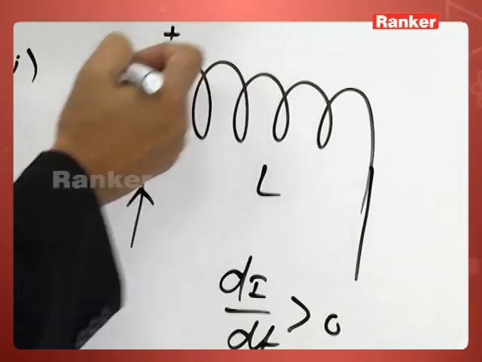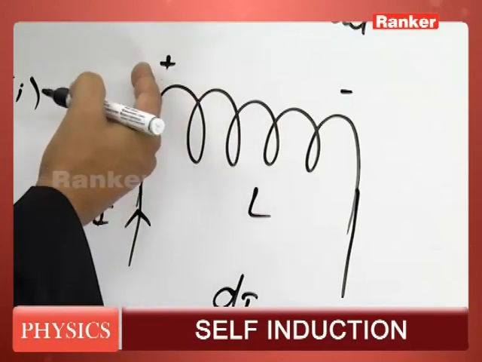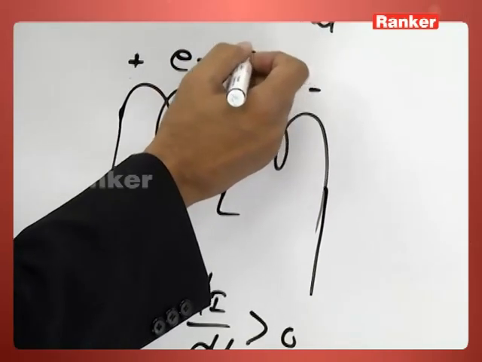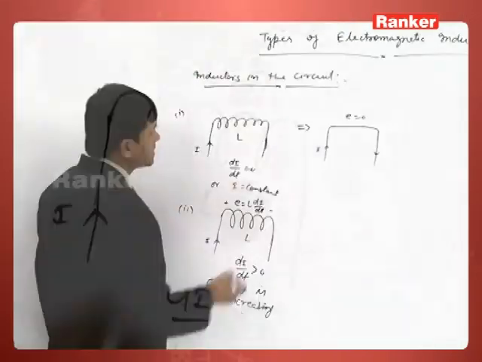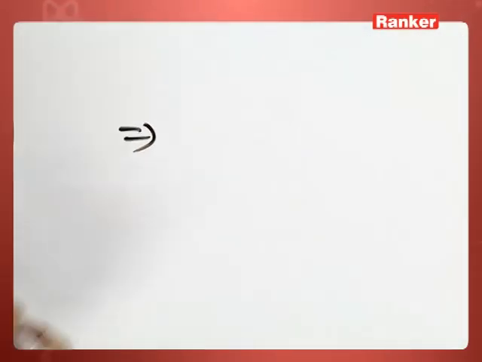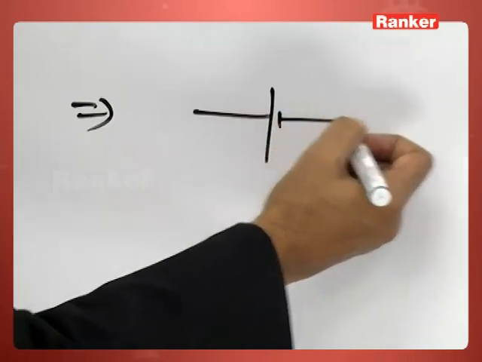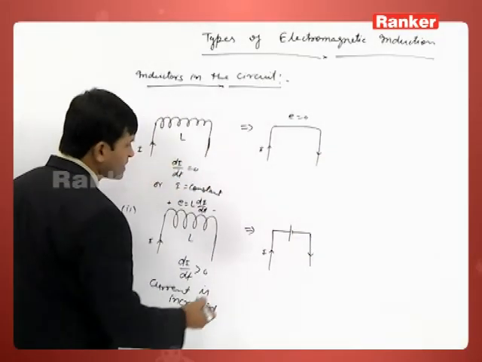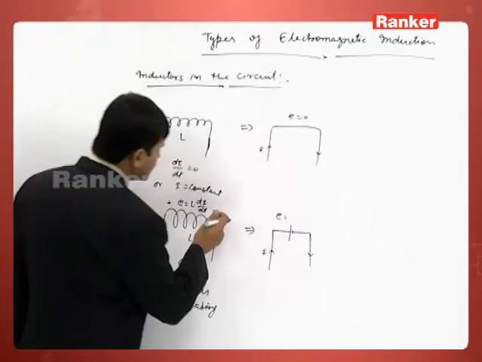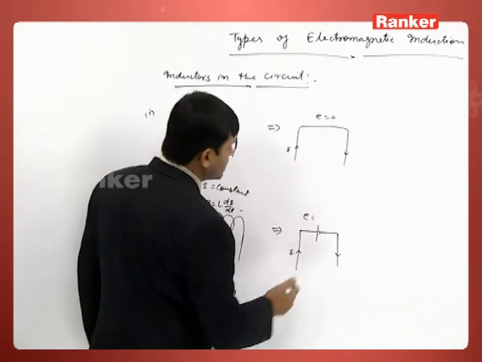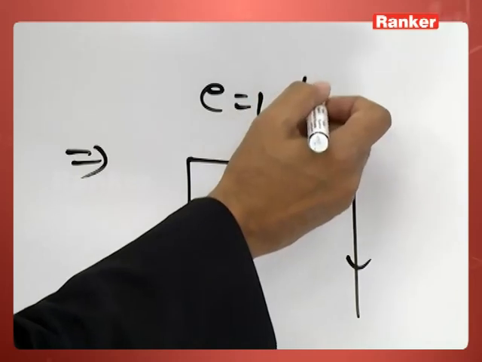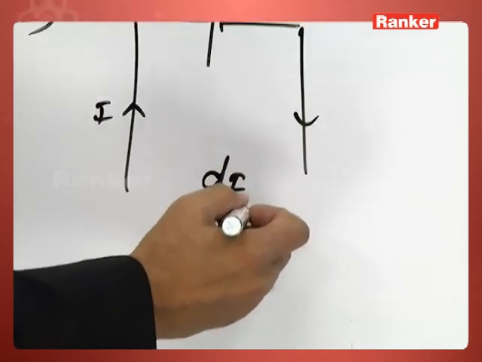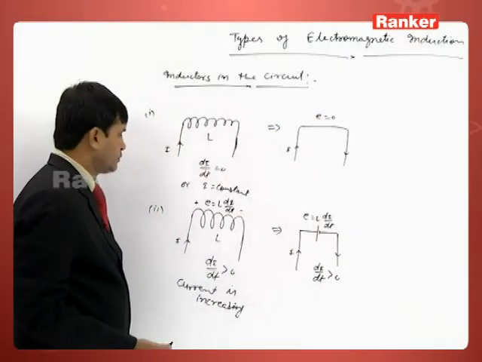So this end will be at higher potential, this end at lower potential, and E is L di by dt. Whenever this case comes in a circuit, we can treat it like a source of EMF, where E is L di by dt and I is increasing, or di by dt is greater than 0.